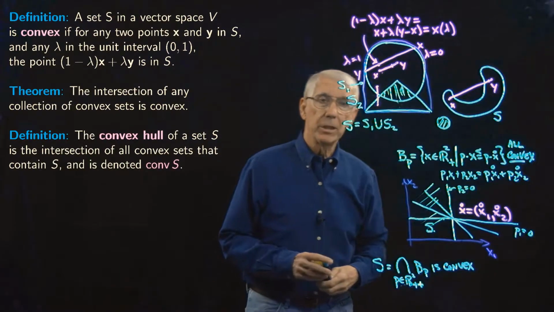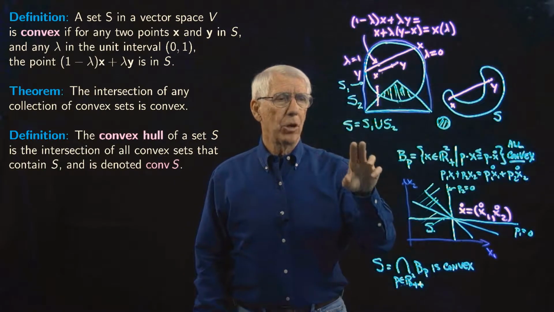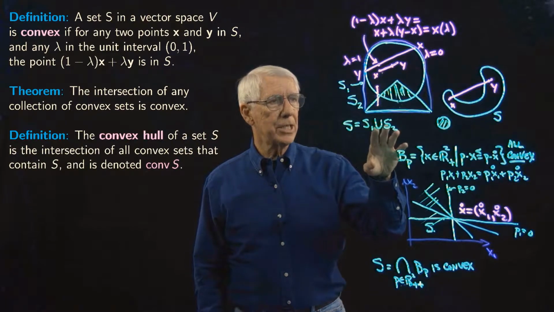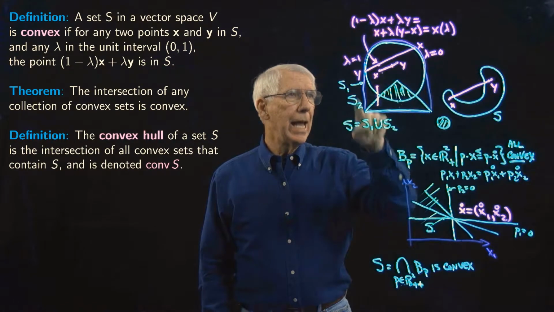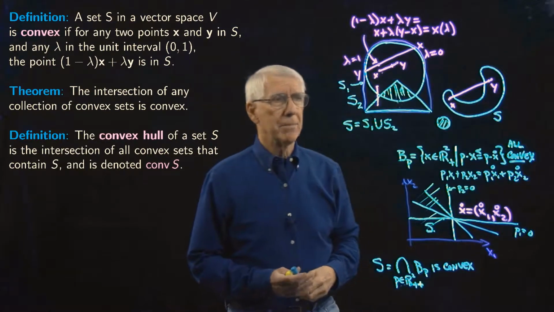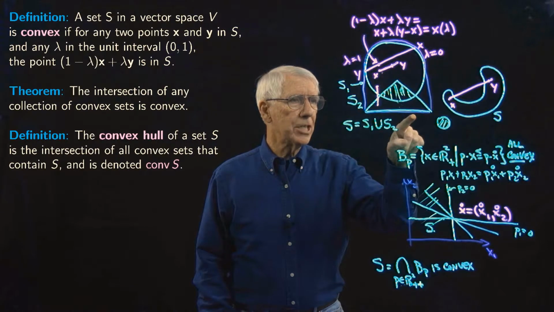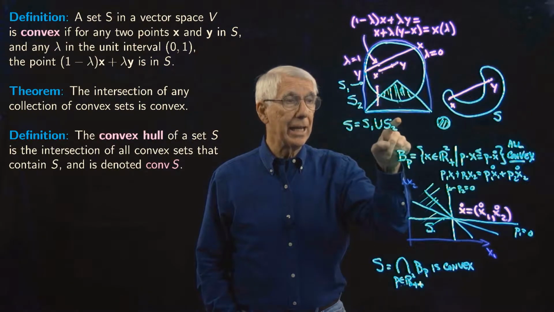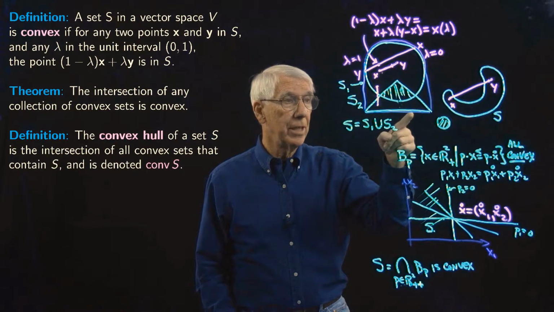And let me make a little argument to say why that's true here. First of all, I'm looking for the intersection of all the convex sets that contain S. So if this set is a convex set and it contains S, as I'm maintaining it does, it seems obvious intuitively that the intersection of all convex sets containing S has to include this, because that is one of the sets in that intersection.